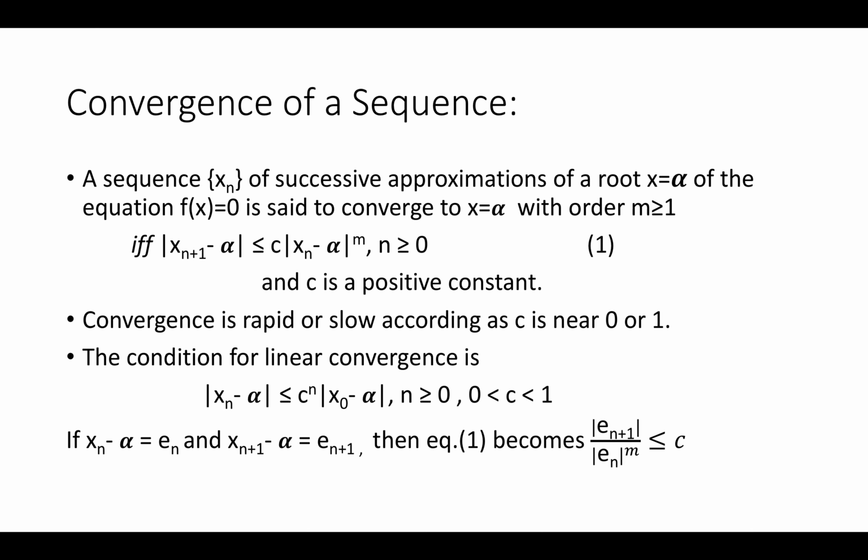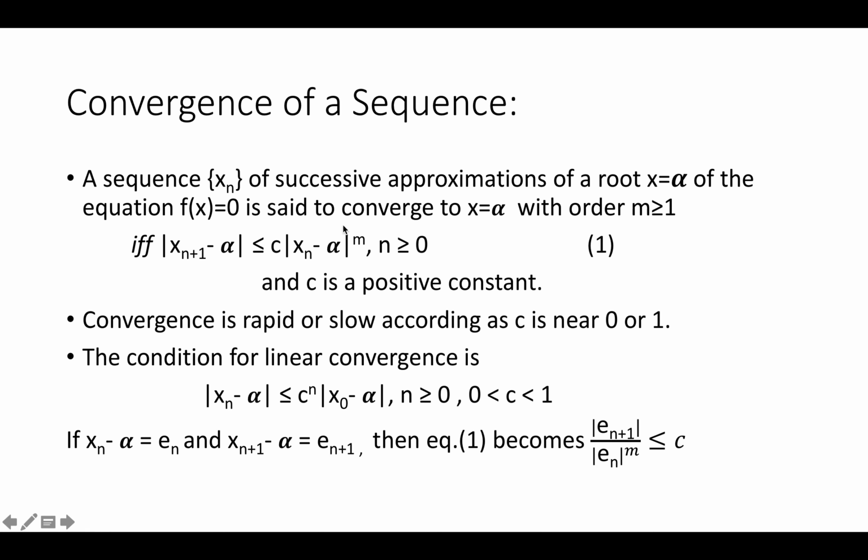A sequence xn, of successive approximations of the root x equal to alpha, for example a root alpha of the equation fx equal to 0, is said to converge to x equal to alpha with order m, where m is the order of convergence, greater than or equal to 1, if and only if the absolute value of xn plus 1 minus alpha is less than or equal to c times the absolute value of xn minus alpha raised to power m, for n greater than or equal to 0 and c a positive number. So this is the condition for convergence.